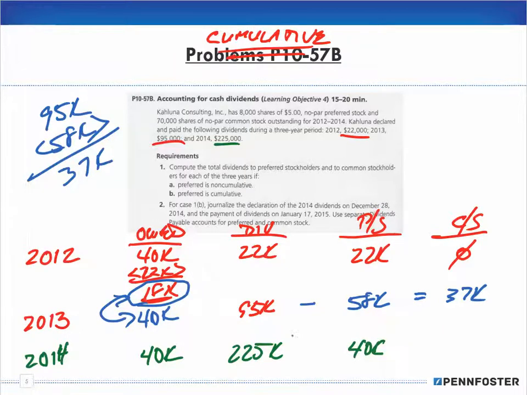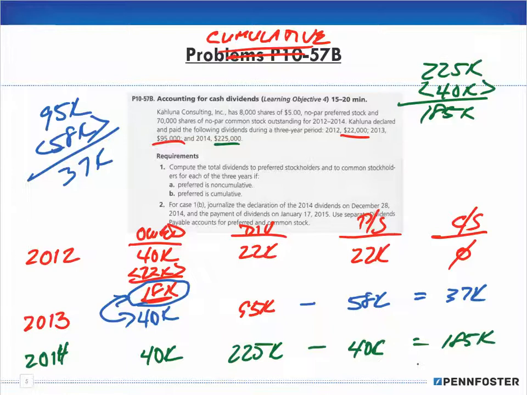And the difference between the 225 less the 40,000 is 185,000. So 185,000 goes to the common shareholders. Okay. And that's it for doing number 1 here. All right.